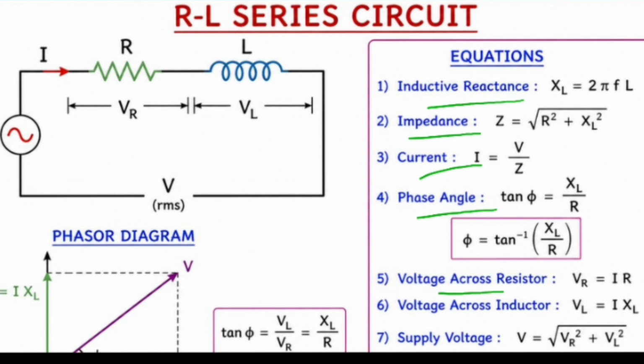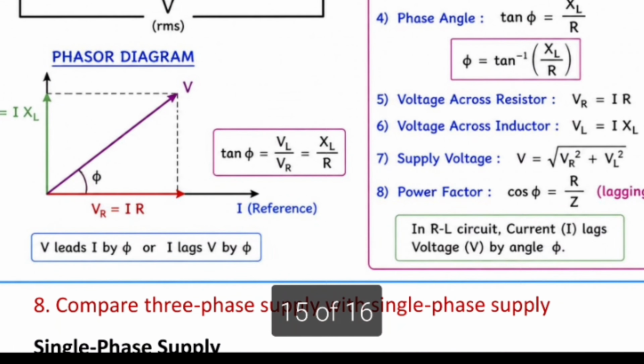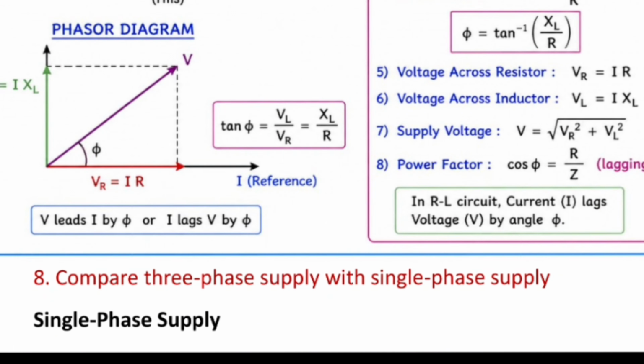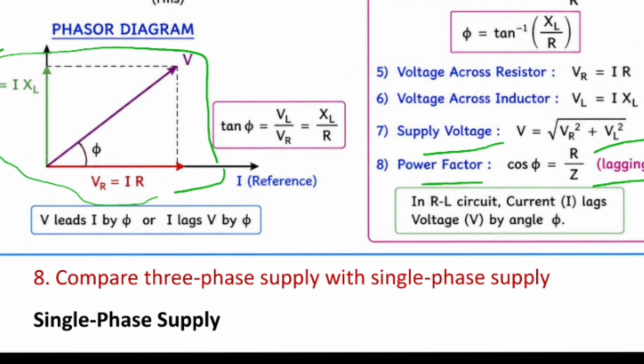Voltage across the resistor, voltage across the inductor, supply voltage formula, power factor lagging. This is the phasor diagram with respect to VR and VL. So tan phi is equal to VL divided by VR, or XL divided by R. You can write this in the exam.